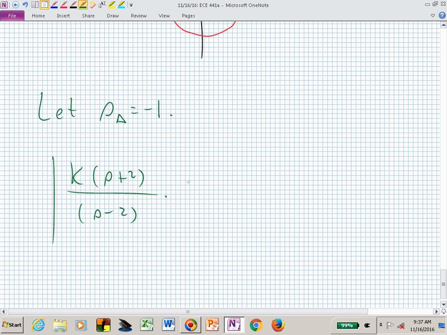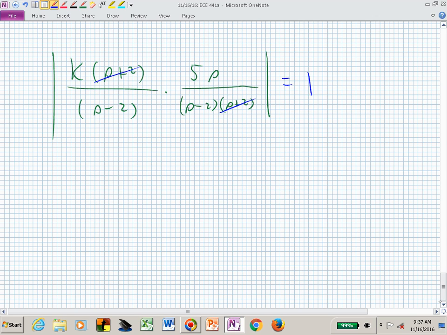That was my controller. My plant was (S minus 2)/(S plus 2). I don't need to worry about those two factors because they canceled, and that's equal to 1. I can now solve for K.